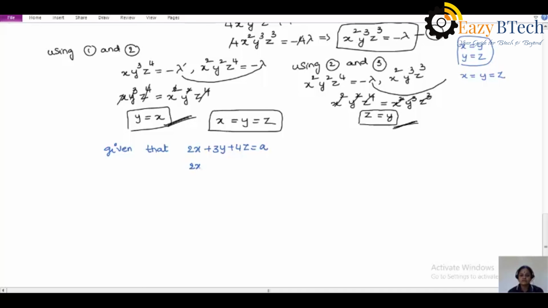Now I am substituting all values as x: 2x + 3x + 4x = a, then 9x = a, x = a/9. According to this condition, if the x value is a/9, then the y value is also a/9 and the z value is also a/9. According to the condition, x = y = z only.